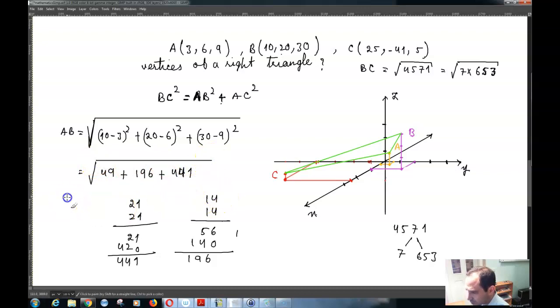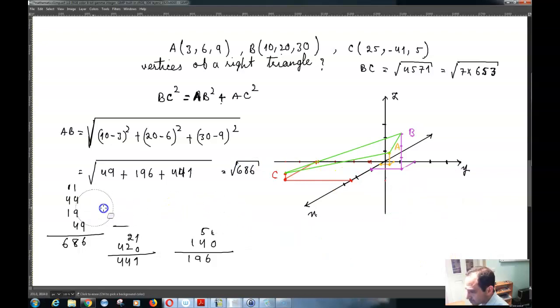Then if you add these numbers together, 441, 196, and 49, you get 686. So that is the square root of 686.